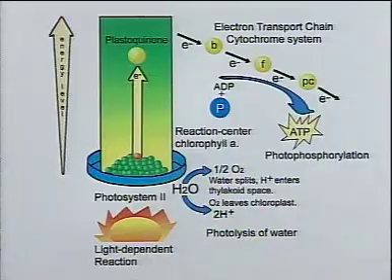From here, the electron is then passed along an electron transport system from one acceptor to the next, each having a lower energy state than its predecessor. This results in the release of energy, some of which is utilized to form ATP from ADP, photophosphorylation.